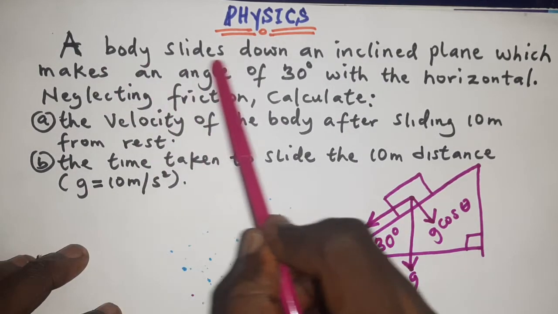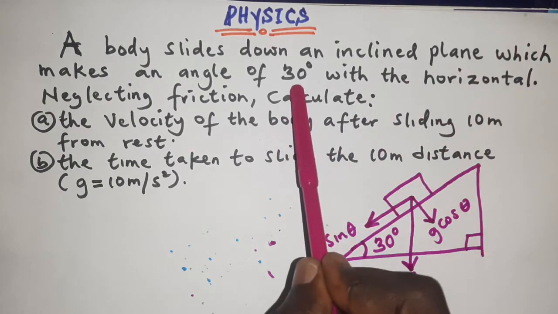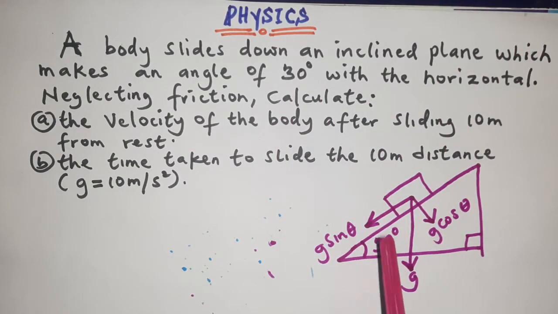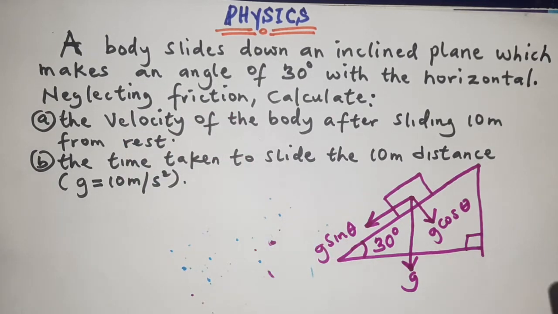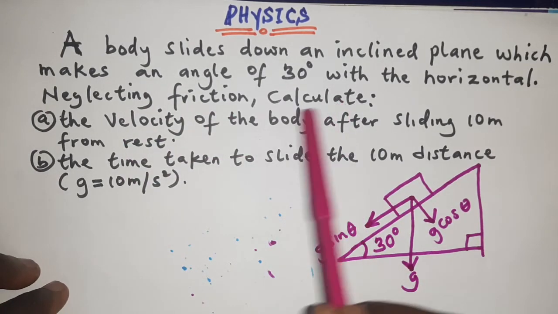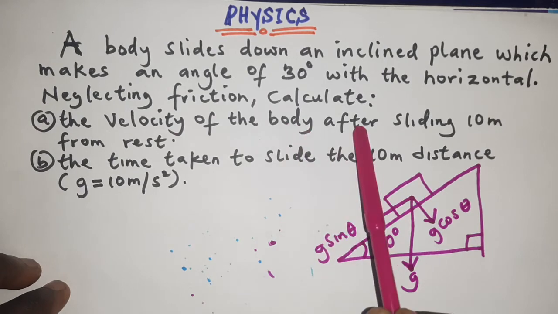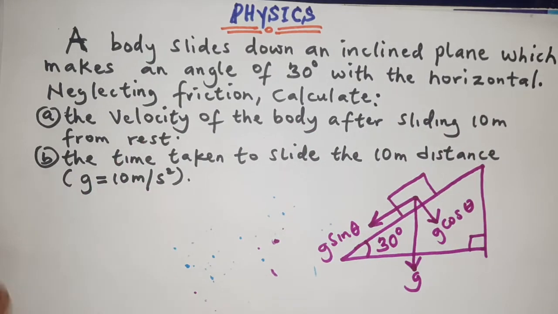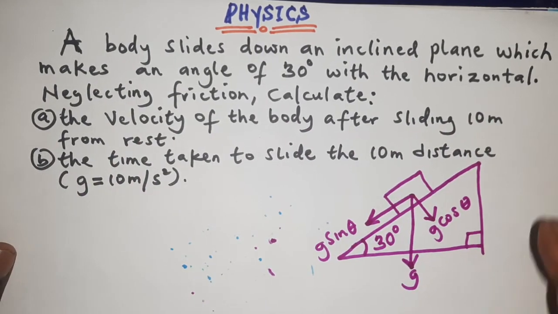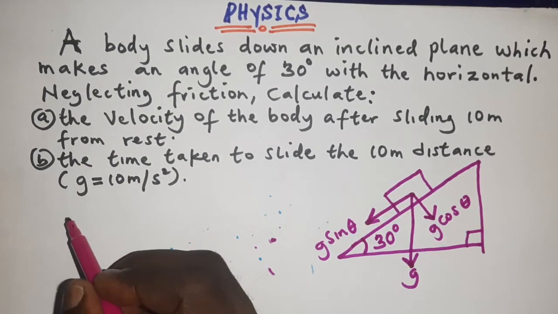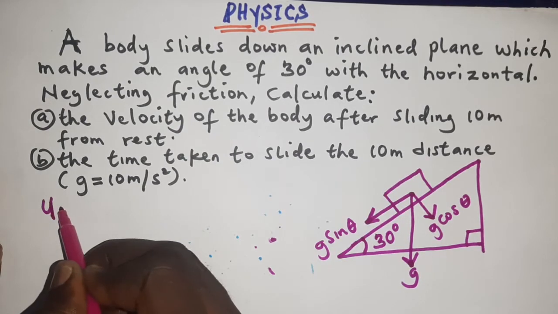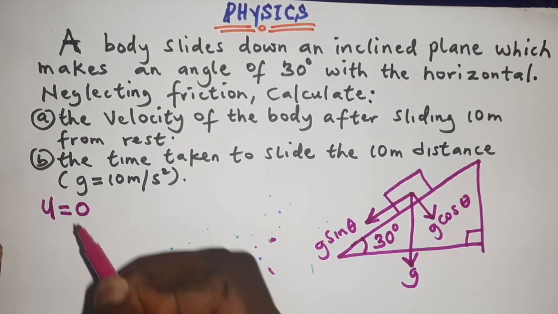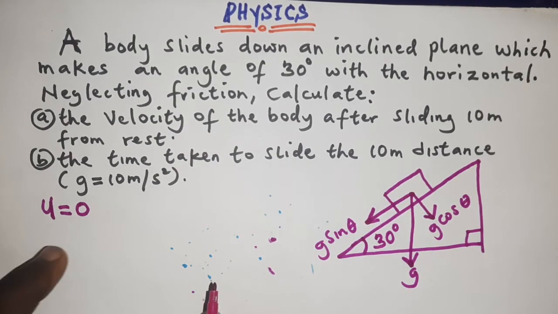So we know that the body slides down the inclined plane and it makes an angle of 30 degrees with the horizontal exactly. So neglecting friction makes our work very easy. Calculate the velocity of the body after sliding 10 meters from rest. Since they said it's from rest, definitely your initial velocity U will be equal to 0, because when an object starts from rest, your initial velocity is 0.